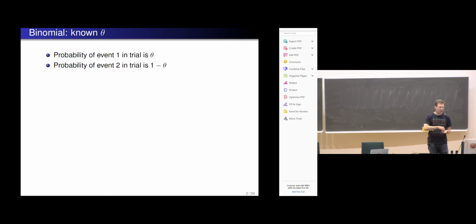Then next time I pick a yellow one, and the probability of that one is 1 minus theta. So we have these two possible choices in this case. Either it's red or yellow, with probability theta or 1 minus theta.